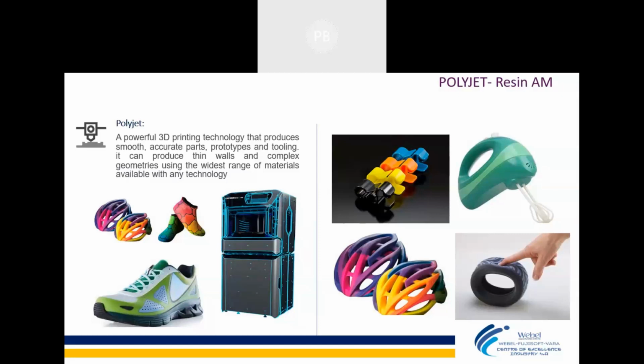The working principle of Polyjet is that it prints with multiple nozzles, ranging from 4,000 to 5,000 jets. These are very small nozzles, or jets, with which Polyjet deposits material at your required geometry and in the desired color.